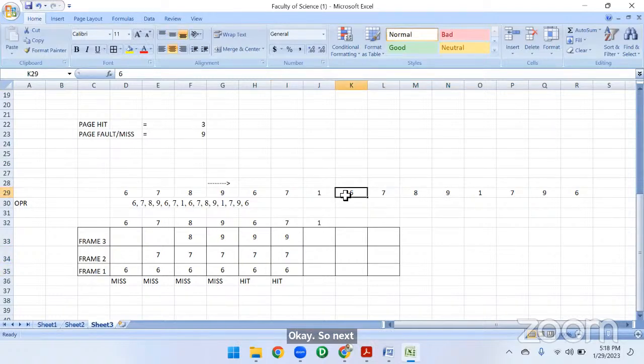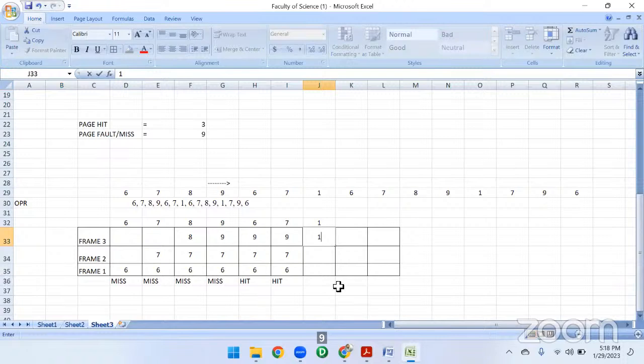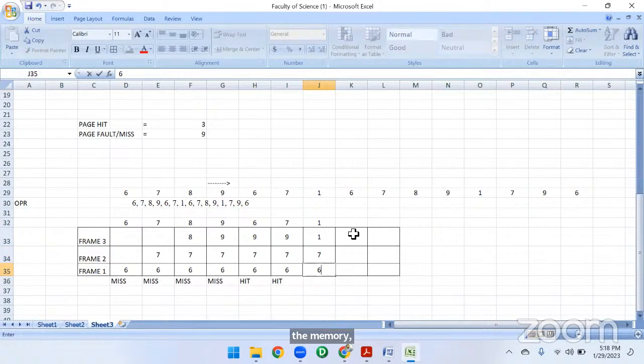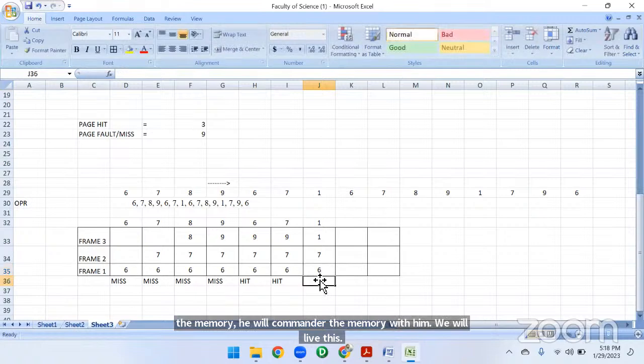With whom will it replace? It will replace with 9. So after a long gap, whichever is used under the memory, we will replace that one. So it is a miss.